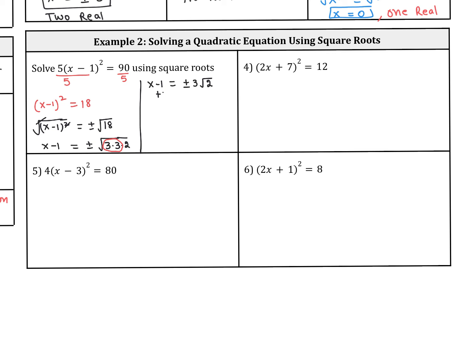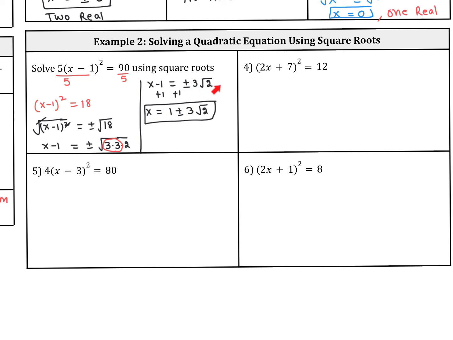Now when we add 1 on both sides, this is the important step. You're going to add 1 in the front, and this term that is 3 square root 2 remains as it is, because you cannot add this 1 with the 3. They are not like terms.